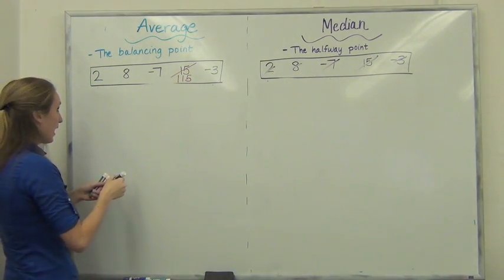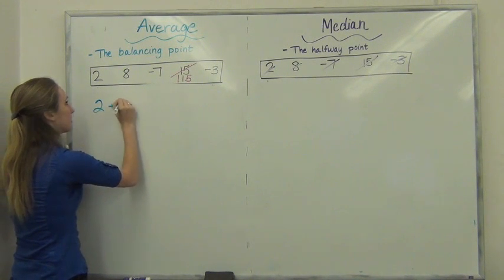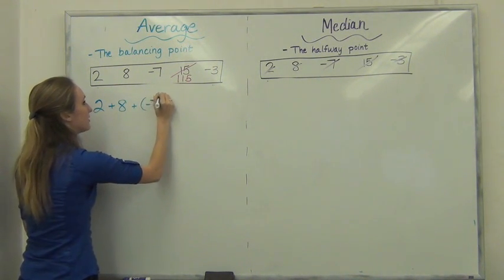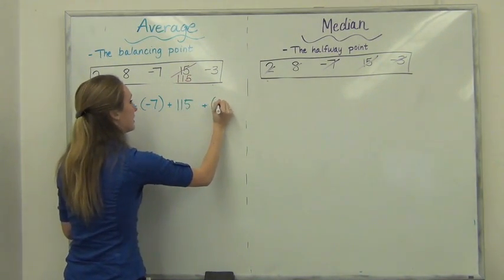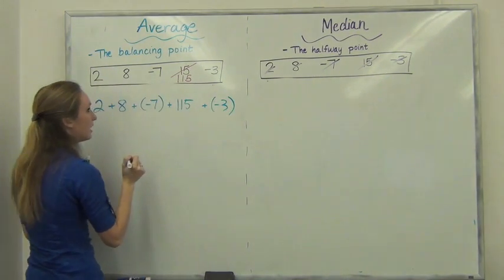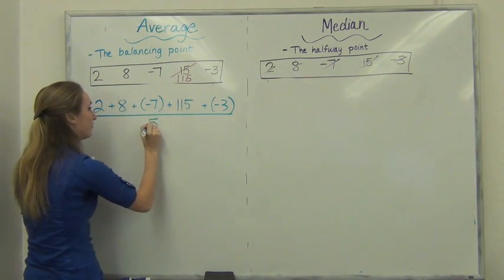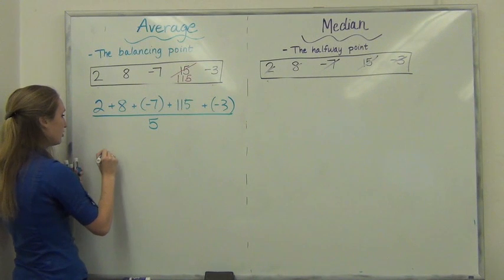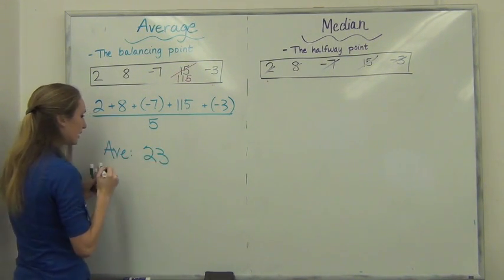So our new average is going to be 2 plus 8 plus negative 7 plus 115 plus negative 3. And after we divide by 5, our average is going to be 23.